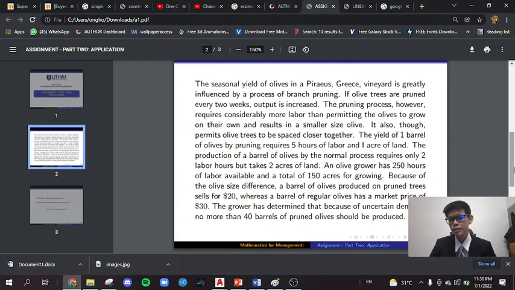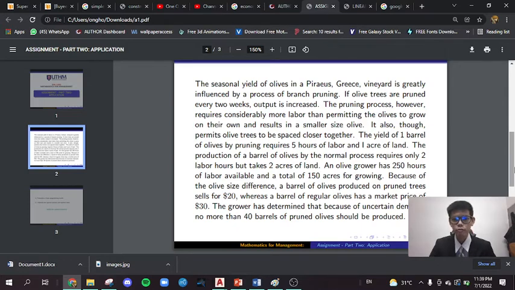The pruning process, however, requires considerably more labor than permitting the olives to grow on their own, and results in a smaller sized olive. It also permits olive trees to be spaced closer together. The yield of 1 barrel of olives by pruning requires 5 hours of labor and 1 acre of land.